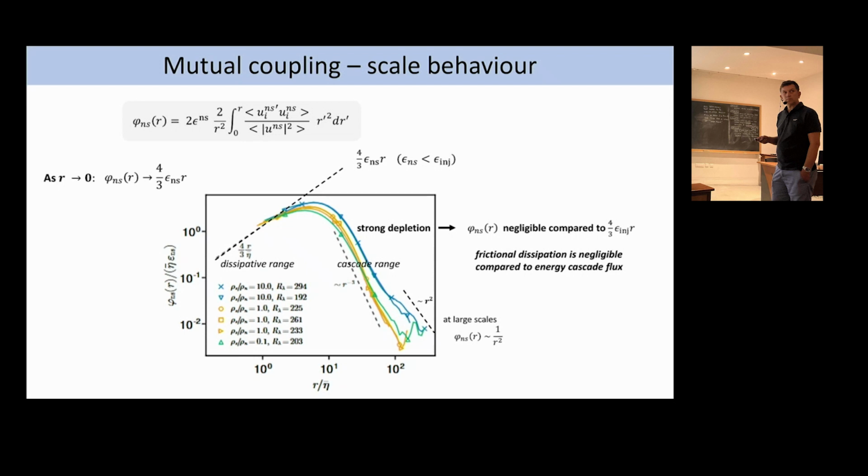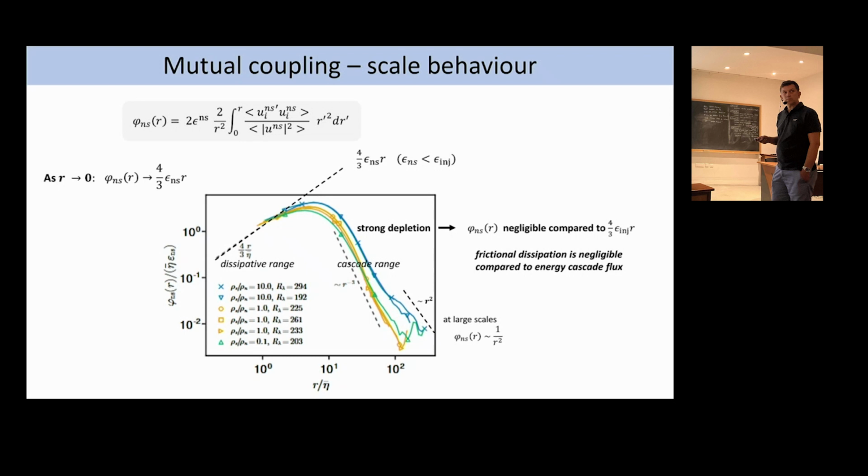But when you increase the scale, you get a strong depletion of this term, and the amplitude of this term remains much smaller than this transfer term, which means in the budget that the additional term related to mutual friction is always negligible compared to the cascade term in the budget.